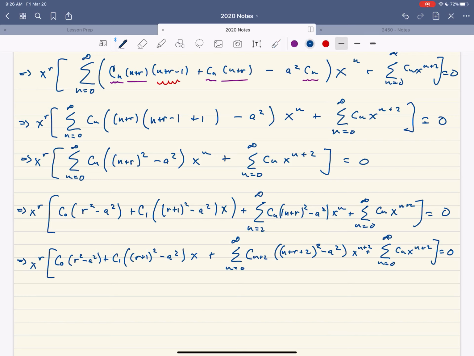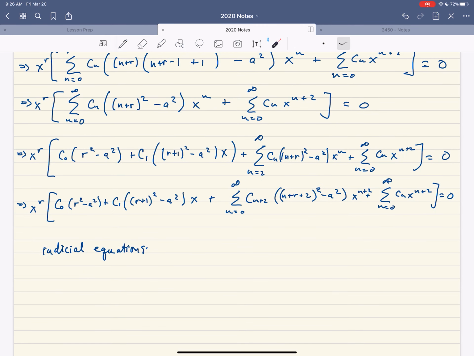So, all right. And now we're ready to look at our indicial equations. So our indicial equations are going to come from looking at c naught times (r squared minus a squared) being equal to 0, and c1 times ((r plus 1) squared minus a squared) x being equal to 0.